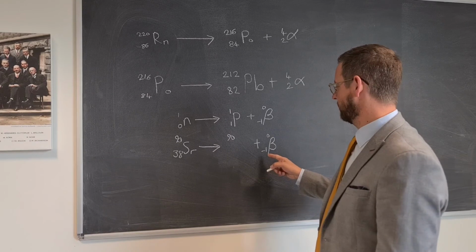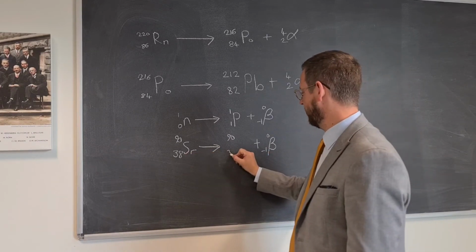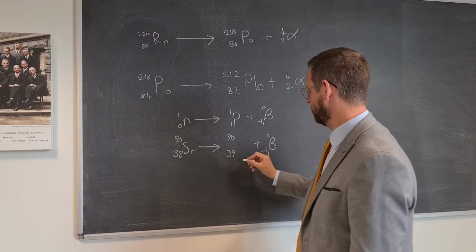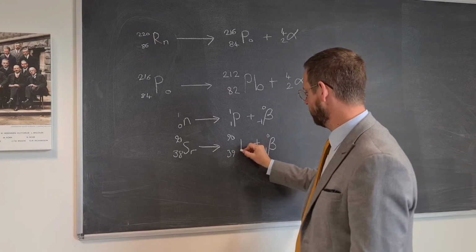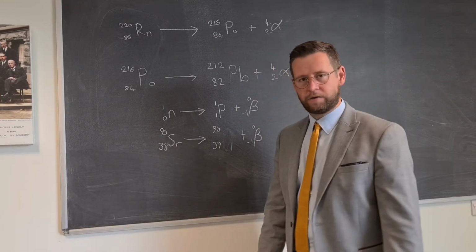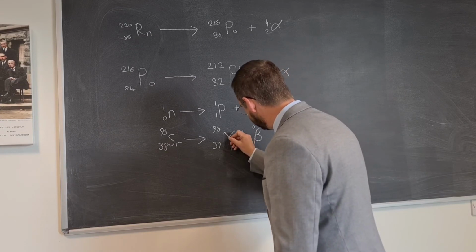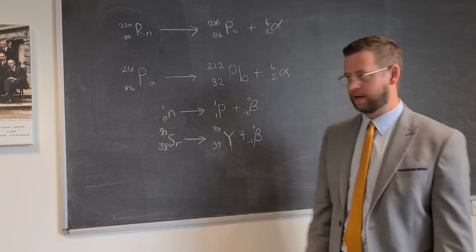So what number, minus 1, equals 38? It's actually 39. And so the product, and I think that's iridium, but let me check. Not iridium, it turns out it's yttrium. Shows how much I know about chemistry.